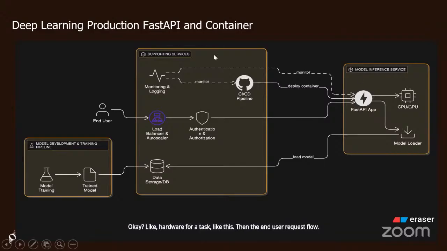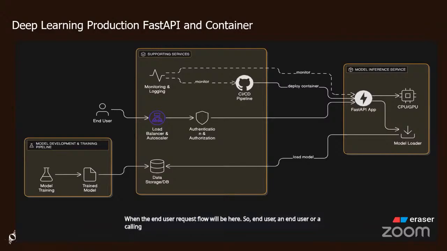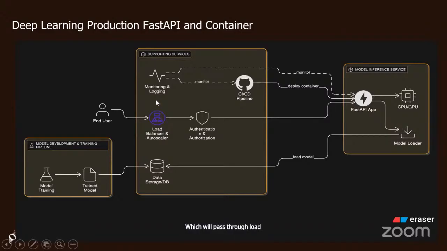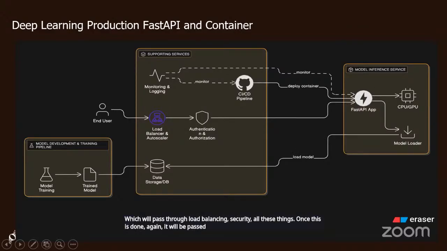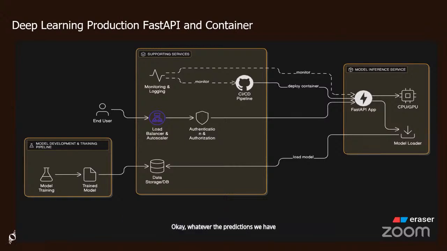An end user or a calling system sends a prediction request, which passes through load balancing, security, and all these things. Once this is done, whatever predictions we have got are returned back to the end users.